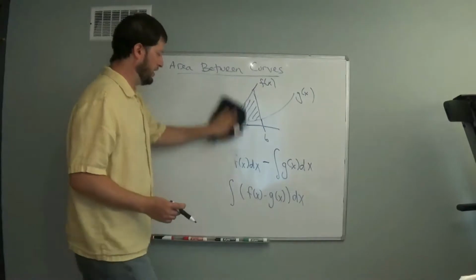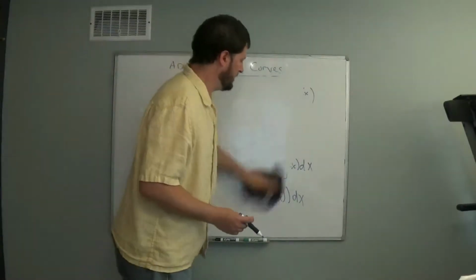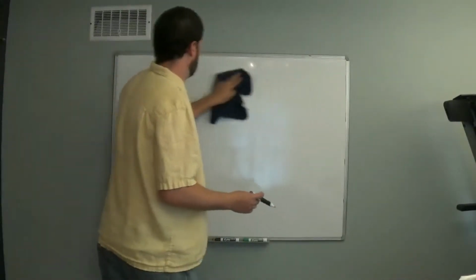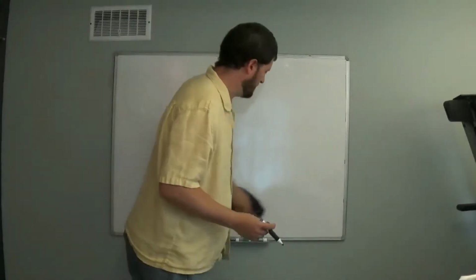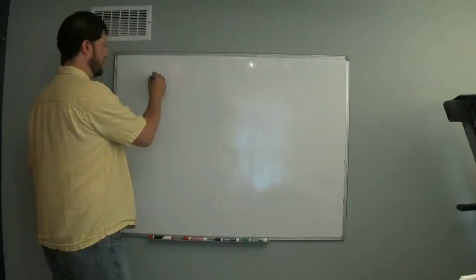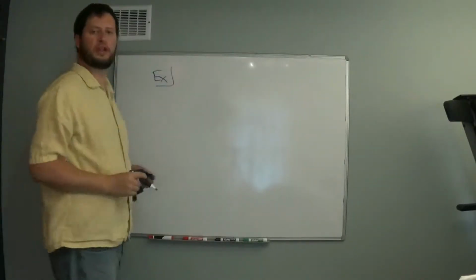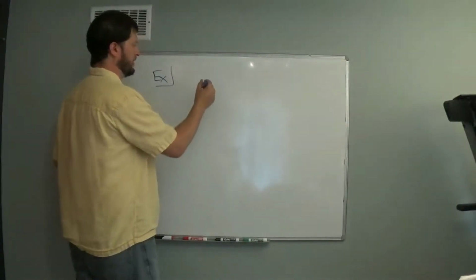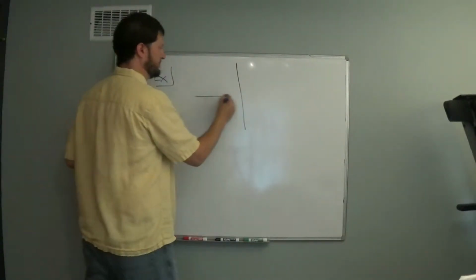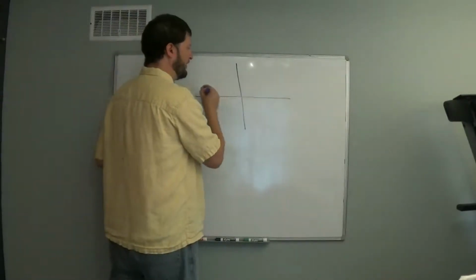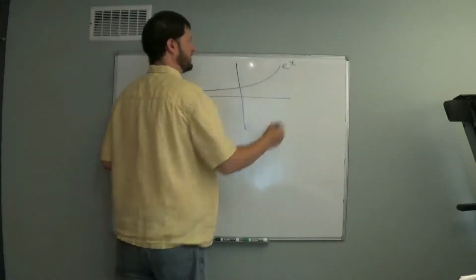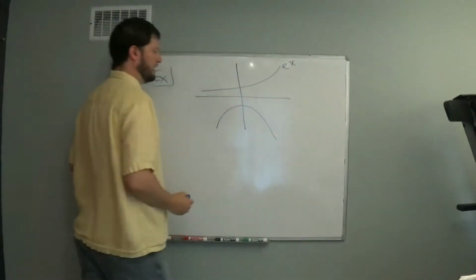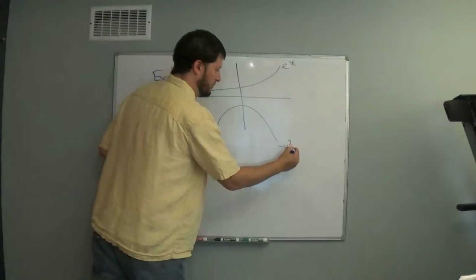So let's just look at why that's true, regardless of where those curves are situated. So we'll do this with some real curves and some differently placed curves along the axes. All right, so suppose that we have e to the x is our first curve, and the second curve will be negative x squared minus 1.